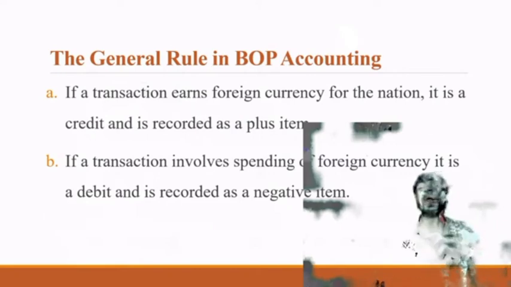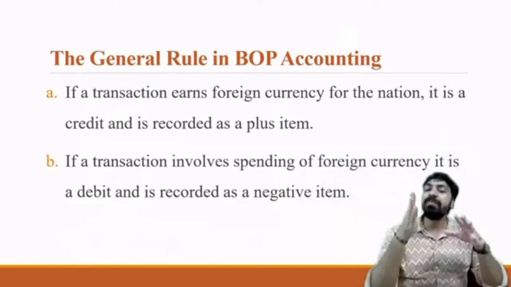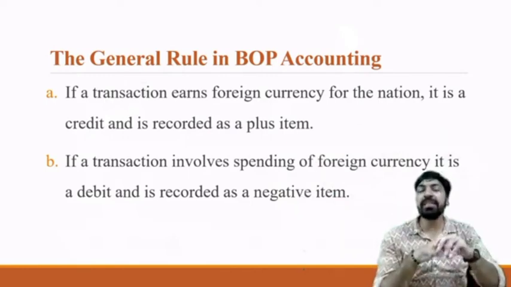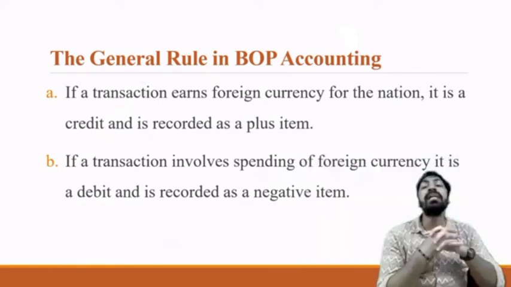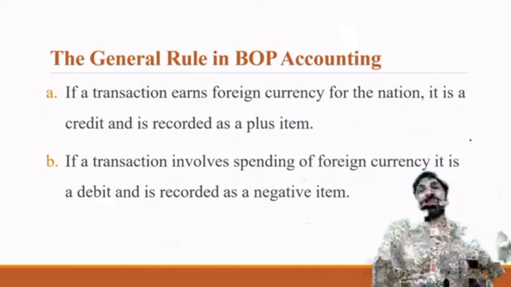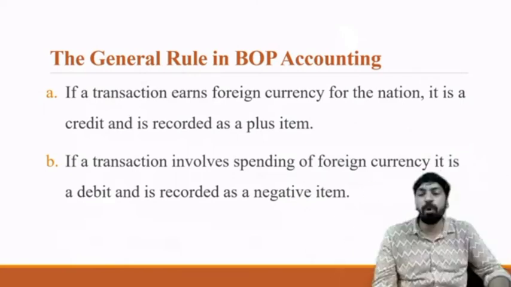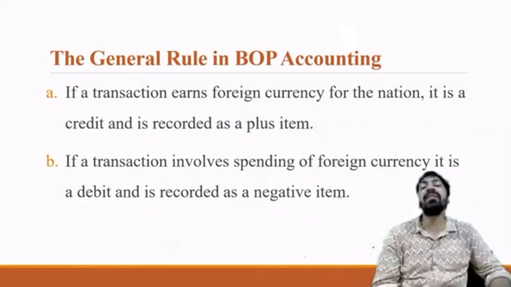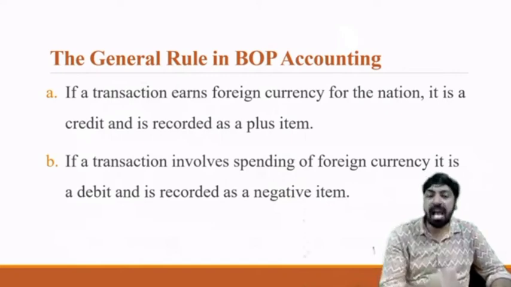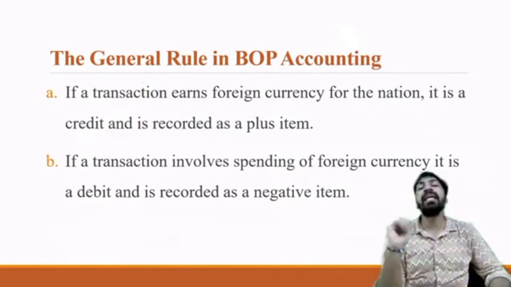The second rule of balance of payment accounting: if a transaction involves spending of foreign currencies, then it shows on the debit side and is recorded as a negative item. Of course, anything where we spend foreign currencies, such as imports, ultimately shows on the debit side and is recorded as a negative item. That means we deduct whatever the spendings of currencies for the nation, recorded with a negative sign.